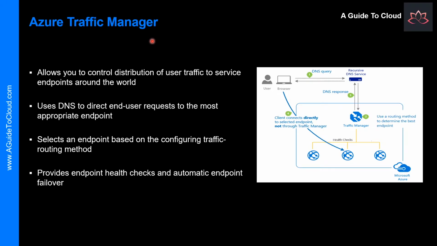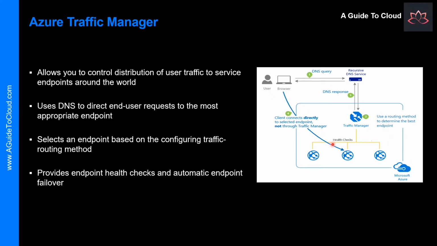Microsoft Azure Traffic Manager allows you to control the distribution of user traffic to your service endpoints in different data centers around the world. Traffic Manager works by using the Domain Name System, or DNS, to direct end-user requests to the most appropriate endpoint. The service endpoints supported include Azure VMs, web apps, and cloud services.